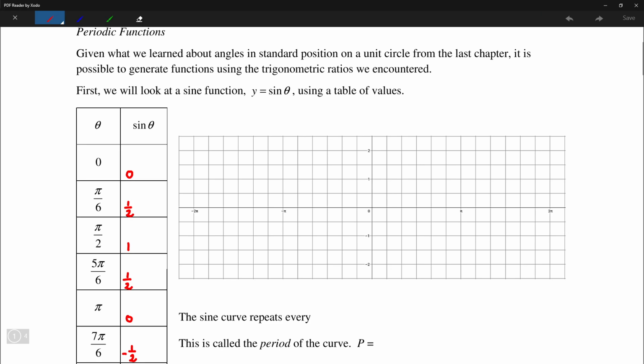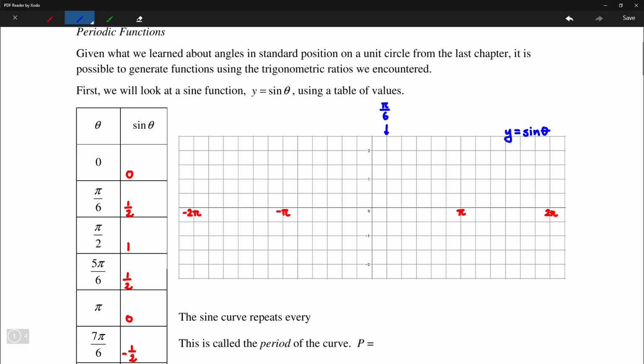So notice that this grid has been customized with pi and 2 pi, and also negative pi and negative 2 pi as the values of theta. And we are graphing, once again, y equals sine theta. That means every one of these spaces is pi over 6 wide.